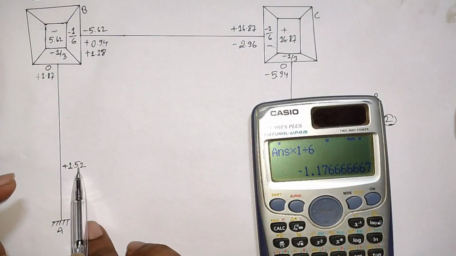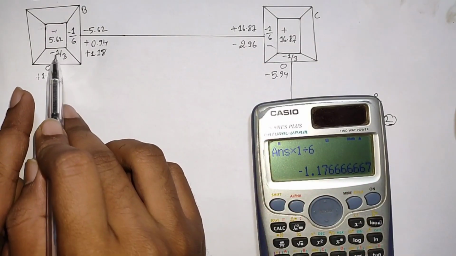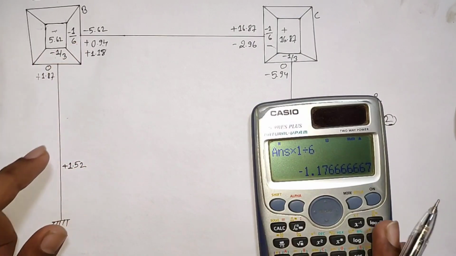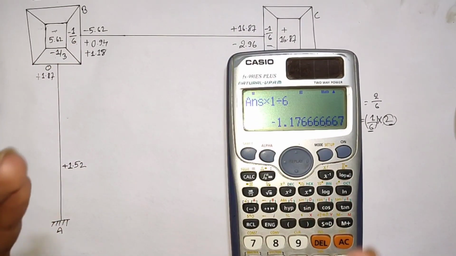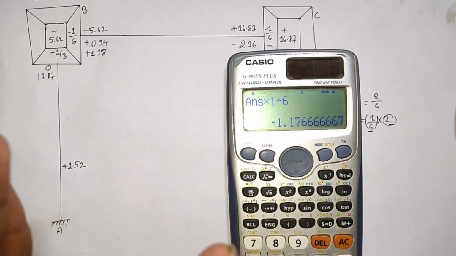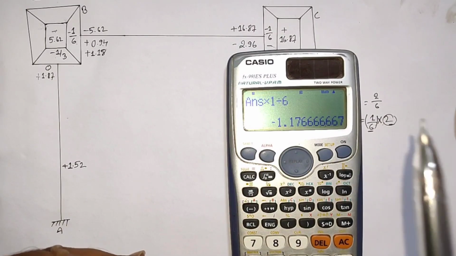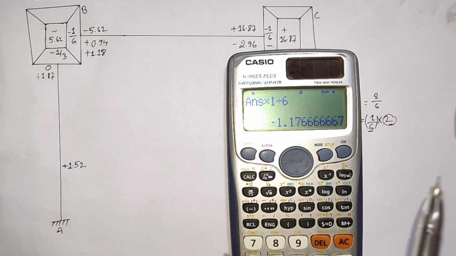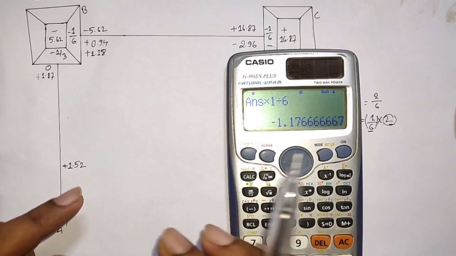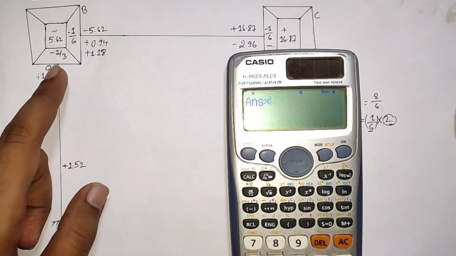adding these three values and then multiplying with the factor. But here it is in twice form, so just to shorten the length of the video and to help in calculation, I am just finding twice of this value.